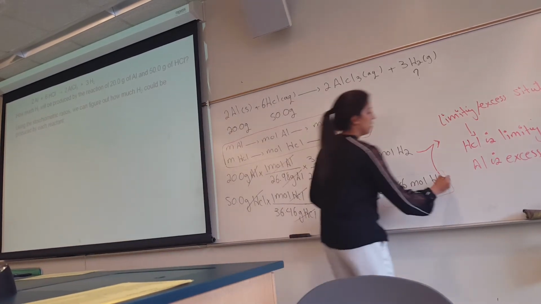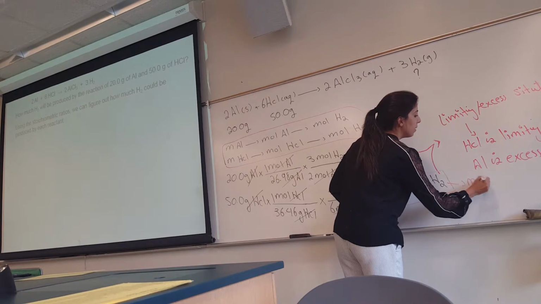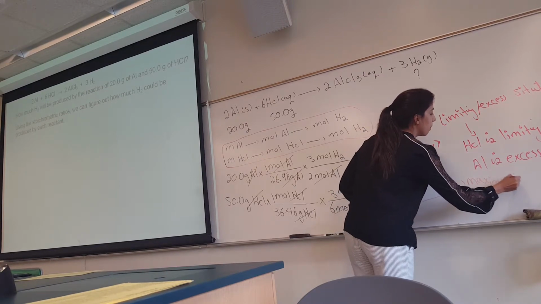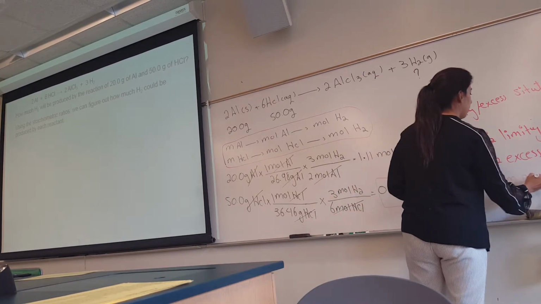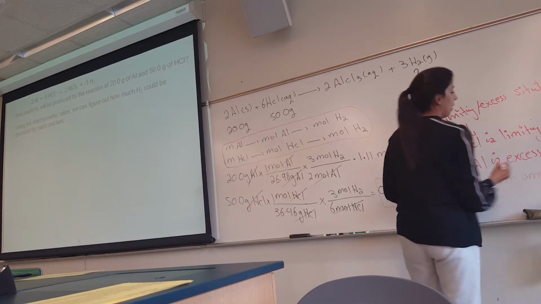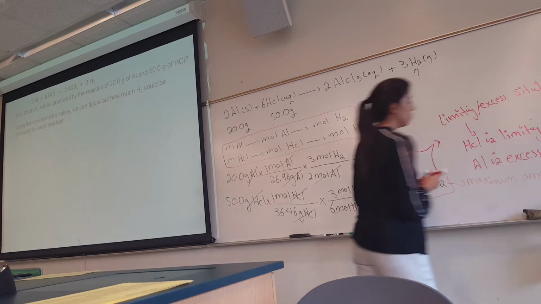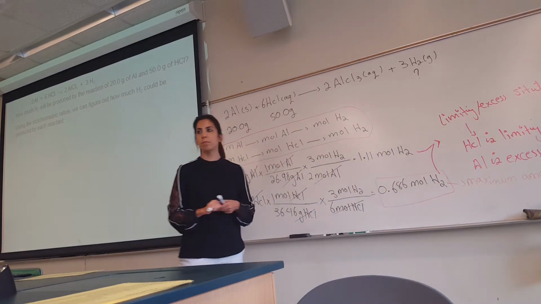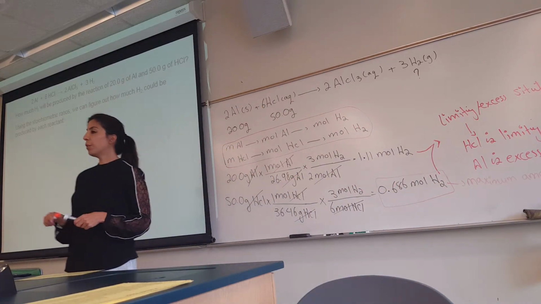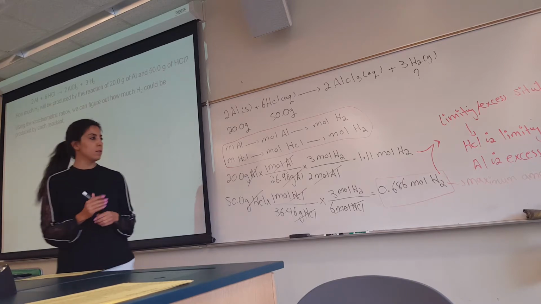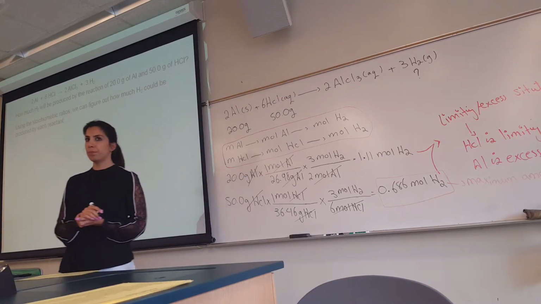So this is the maximum amount of hydrogen gas that's produced. Or what's the yield of hydrogen gas? 0.686 moles.